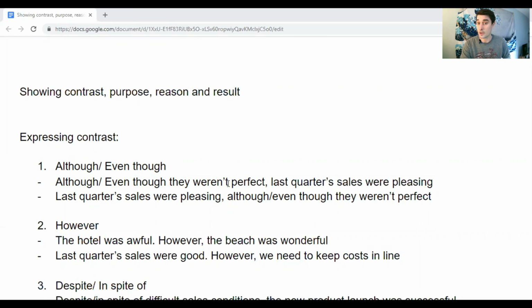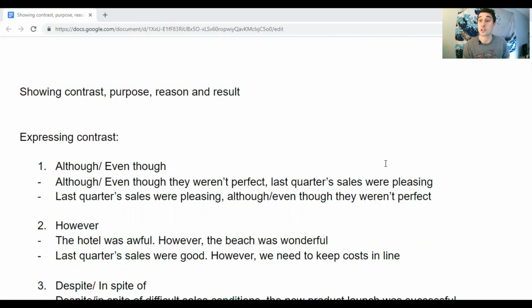Although or even though they weren't perfect, last quarter's sales were pleasing. We can inverse it. Last quarter's sales were pleasing, although they weren't perfect. Even though they weren't perfect, there's always room for improvement, especially in business. So the first one, although or even though.